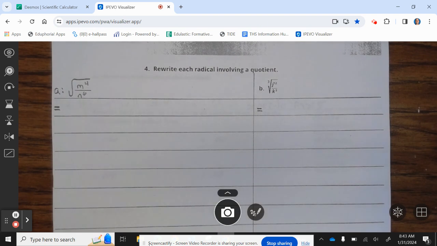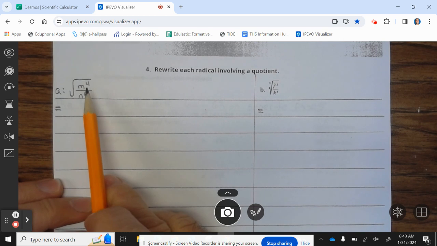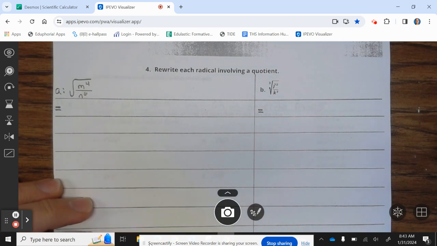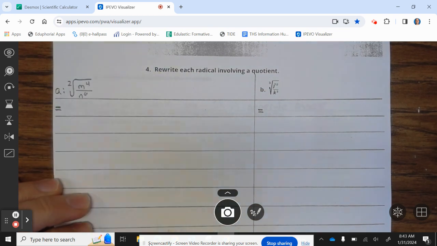4a. So, when you take the square root of a fraction, you can take the square root of the numerator and the denominator separate. So, this is, by the way, the second root. It's the same thing as square root.